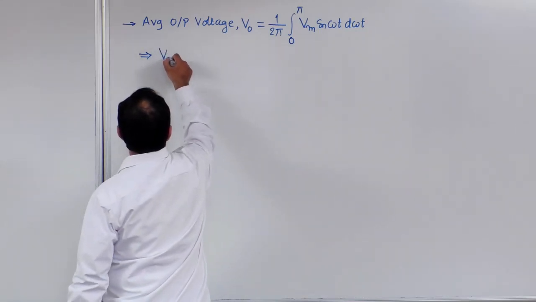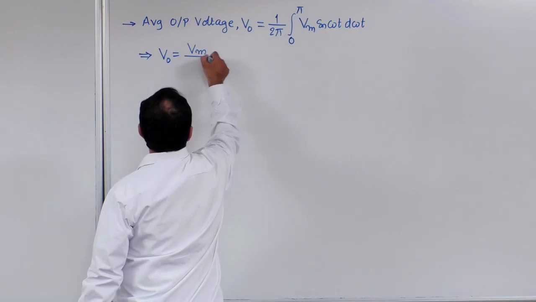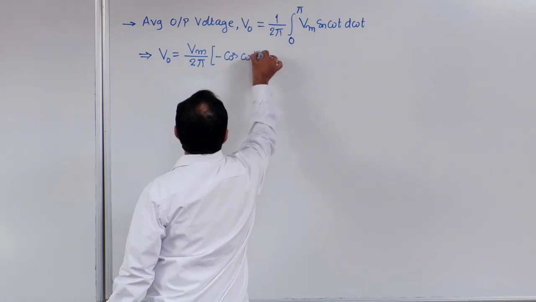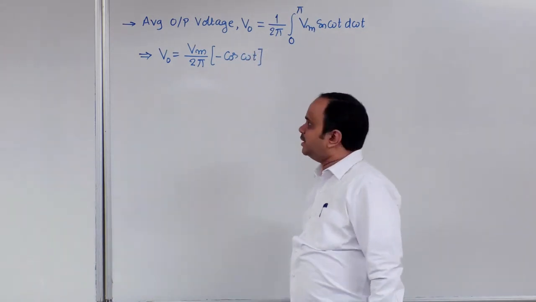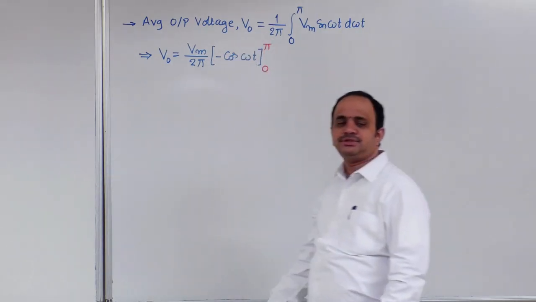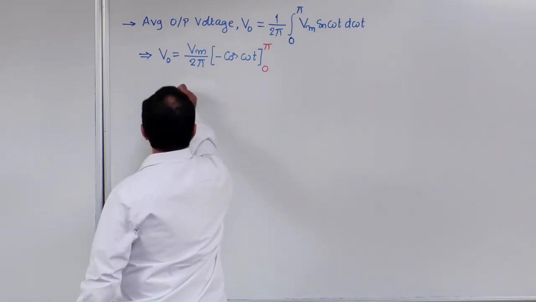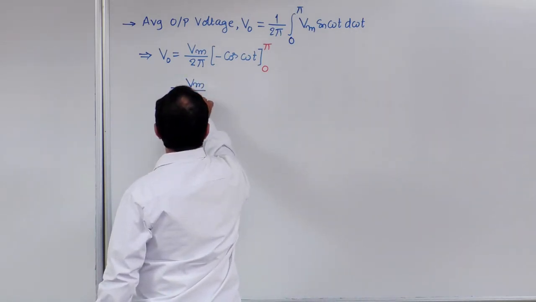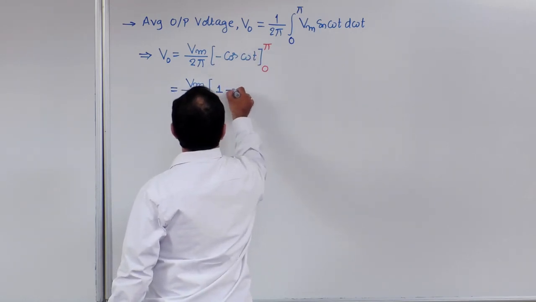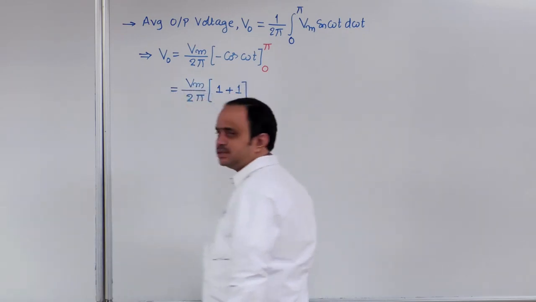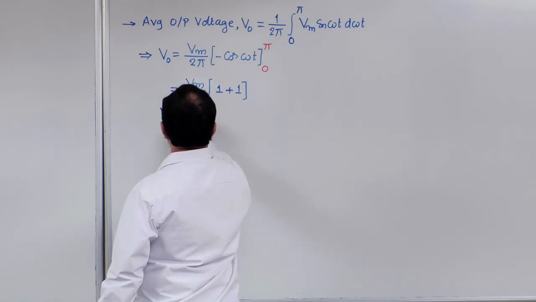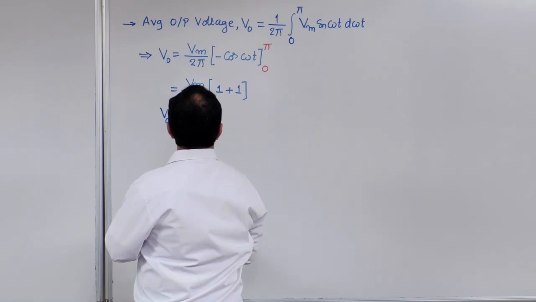Now let us simplify this. V naught is equal to Vm by 2 pi, integration of sin omega t is minus cos omega t, with limits from 0 to pi. So if you substitute the limits, Vm by 2 pi, upper limit minus cos pi is 1, minus of minus, plus cos 0, that is 1. So it is 2. Therefore, the final conclusion is V naught is equal to Vm by 2 pi into 2.